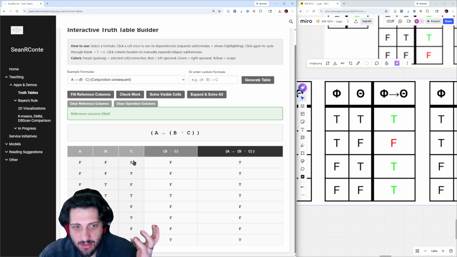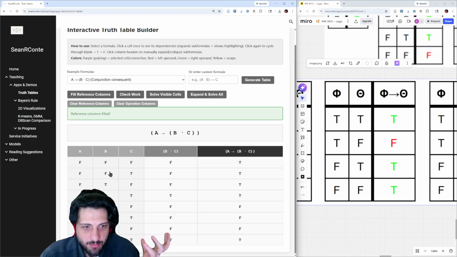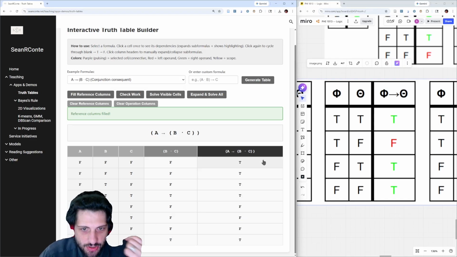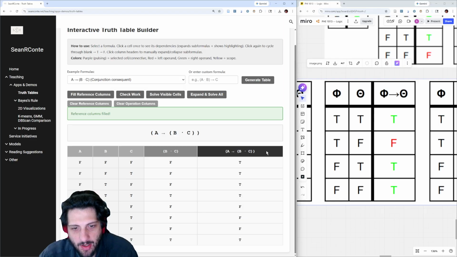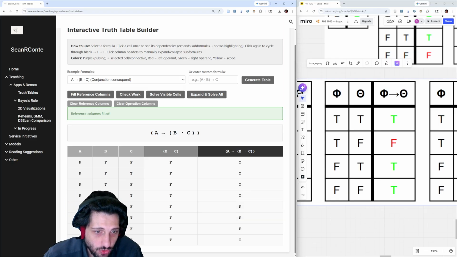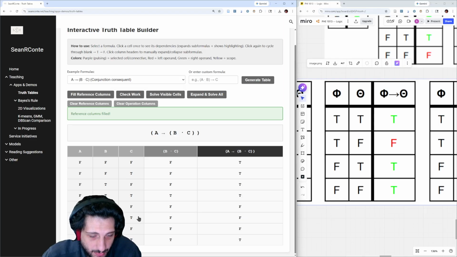When A, B, and C are all false, this is still a true thing to say. When A is false and B is false, but C is true, the conditional is still true.